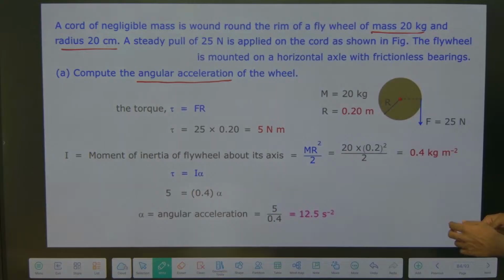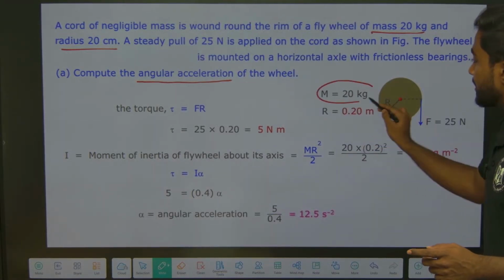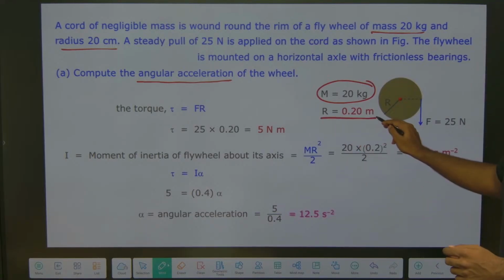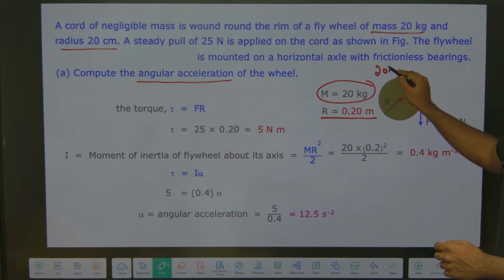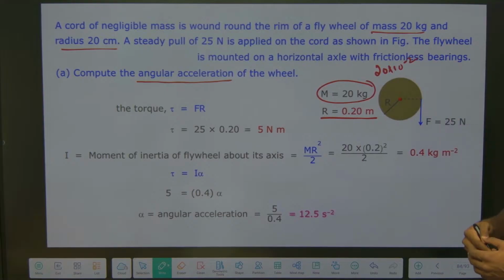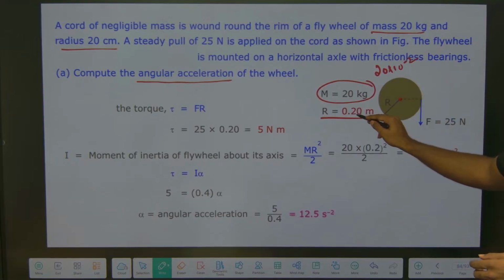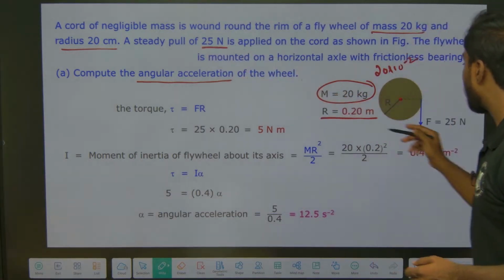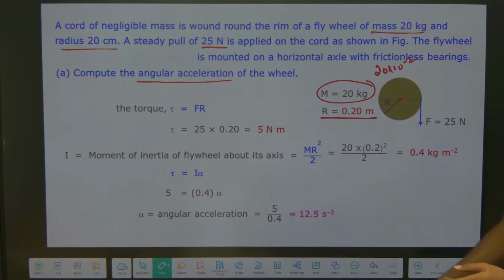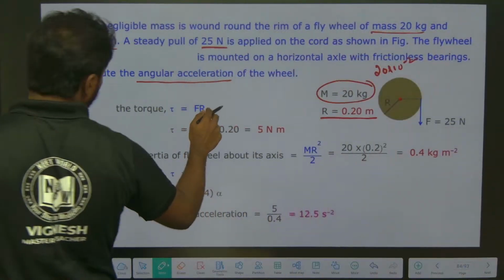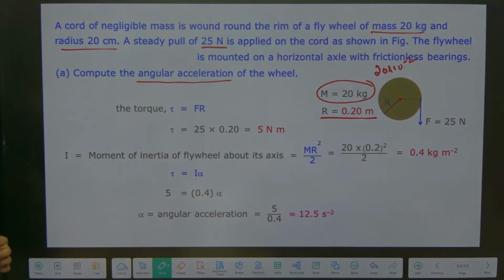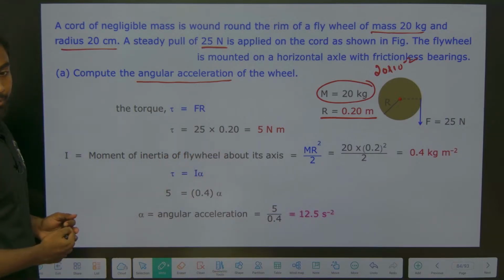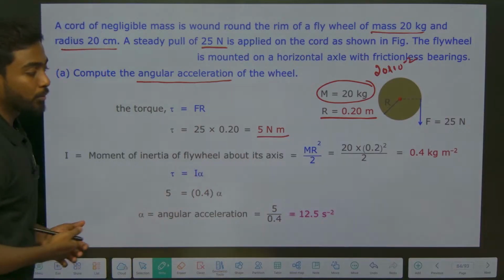Here mass is given as 20 kg. Radius is 20 centimeter, which I need to convert into meter: 20 into 10 power minus 2, so 0.20 meter. The force given is a pull of 25 Newton. The torque will be force into distance: 25 into 0.20, which is 5 Newton meter.